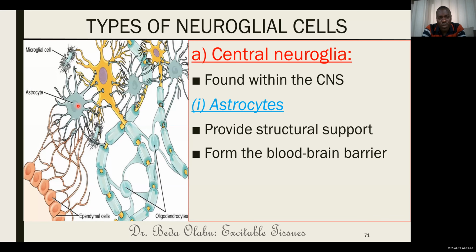That control is achieved by what we call the blood-brain barrier. The blood-brain barrier is an anatomical barrier. It is also a physiological barrier, and it's actually also a biochemical barrier. It's a barrier that basically obscures some substances within the blood from reaching neurons. Astrocytes contribute part of this barrier.